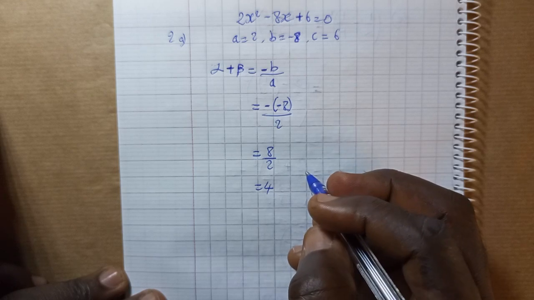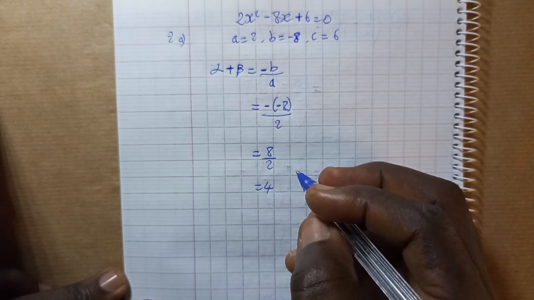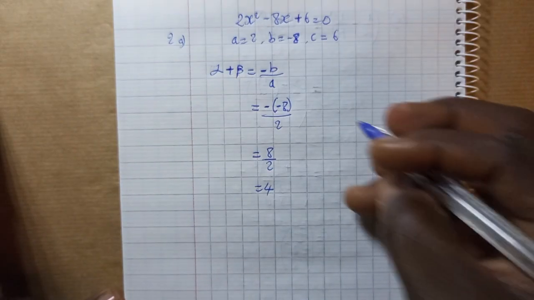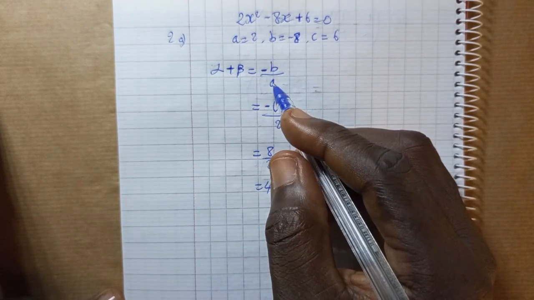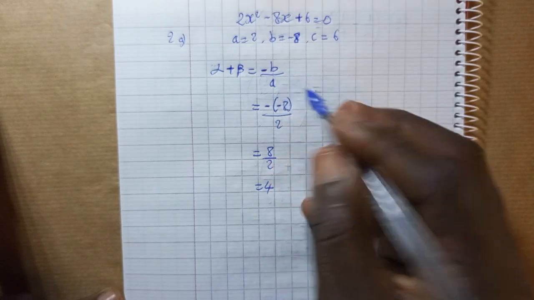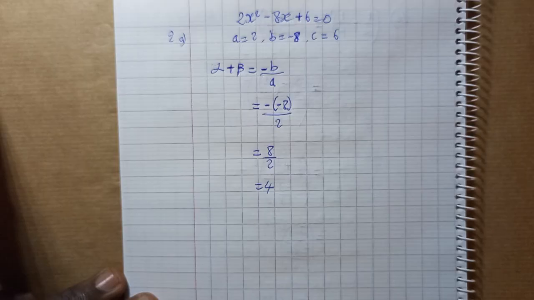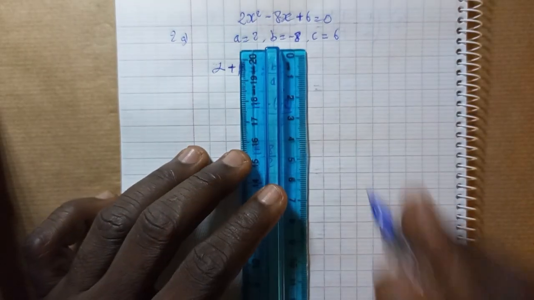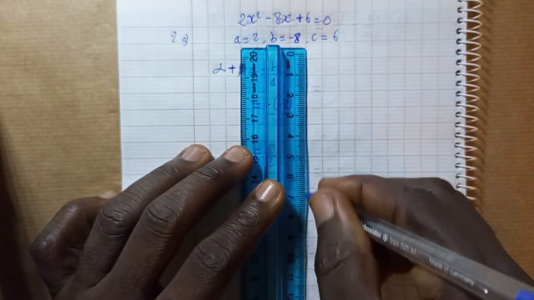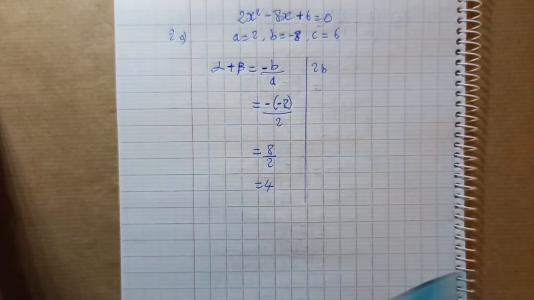Now for us to calculate the b, we need to find the value of the product of roots first. Number 2b.